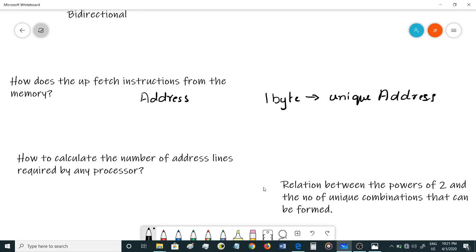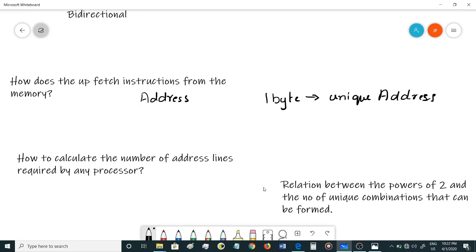Similarly, in 8085 also, each program that you write will be at a very specific location, and for each memory location there should be a very specific unique address, right? So address is the first thing that you need for fetching an instruction.